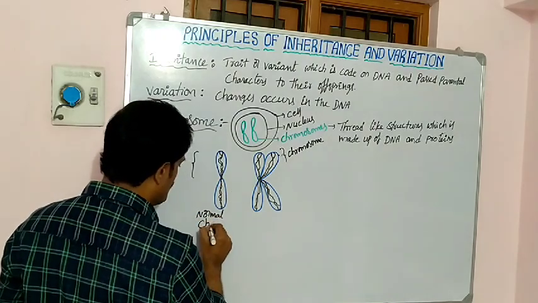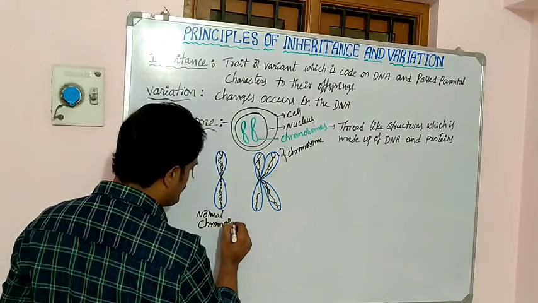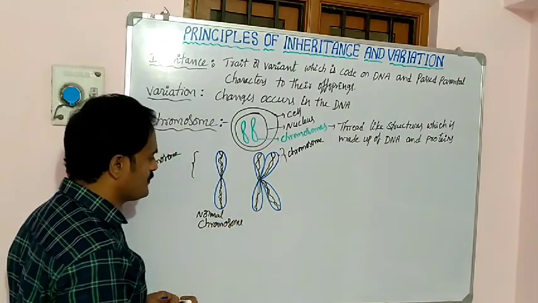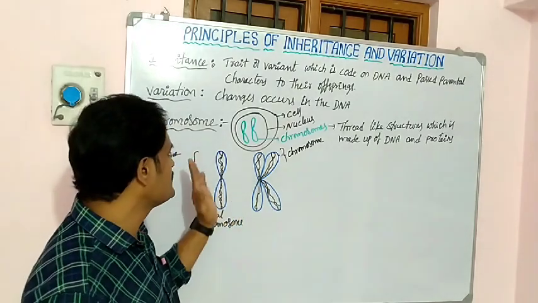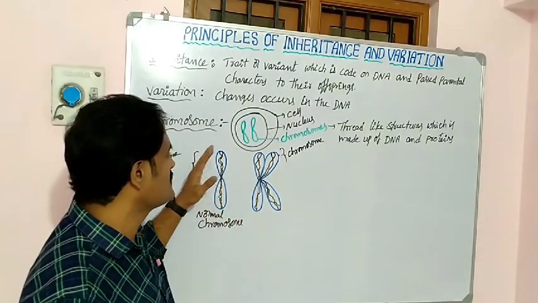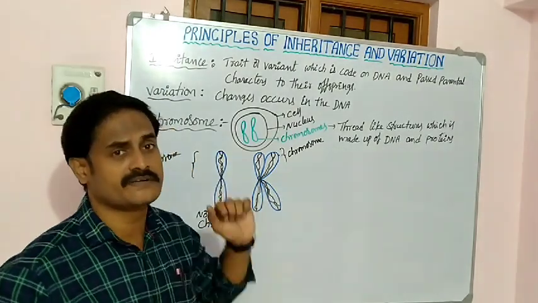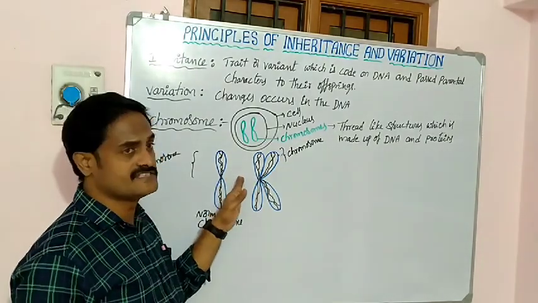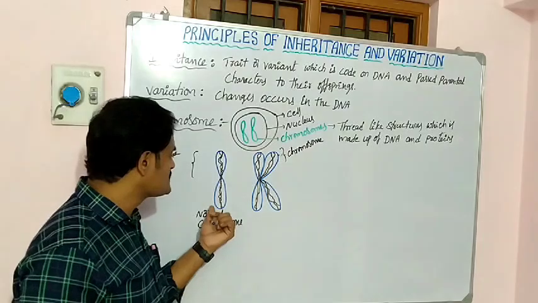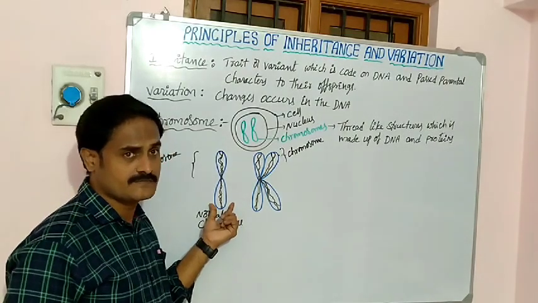Normal chromosome means before the cell participates in mitosis or meiosis, before cell division, the chromosome arrangement looks like this.